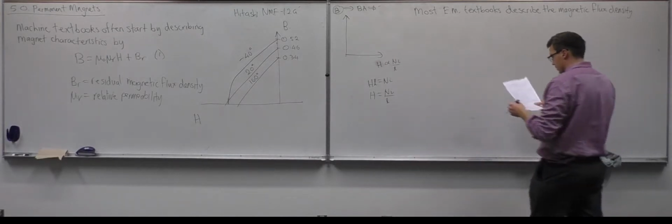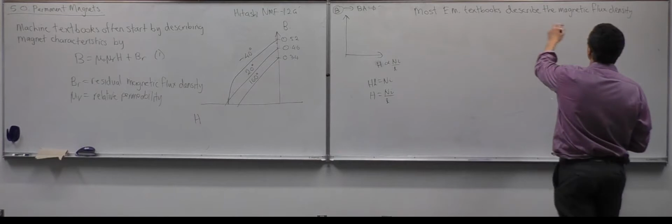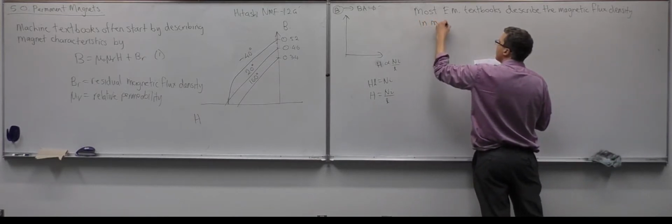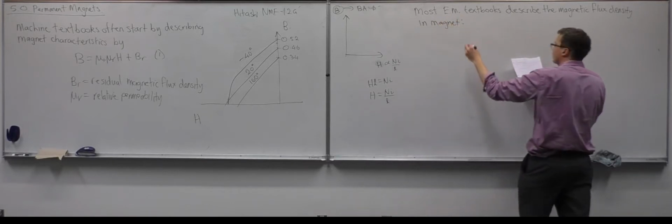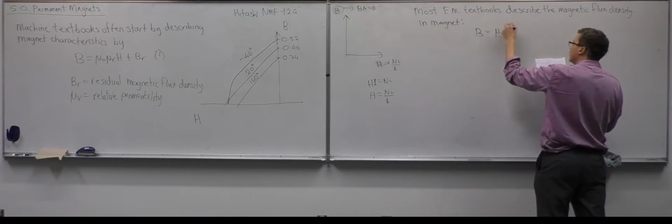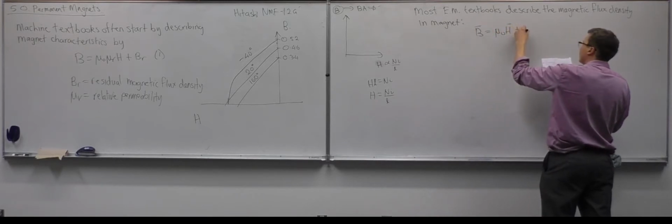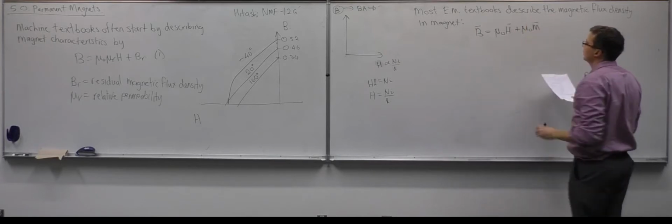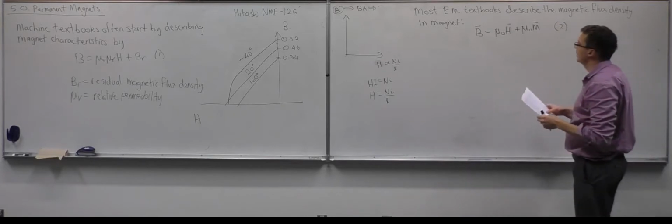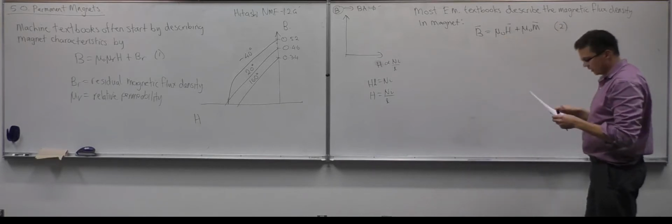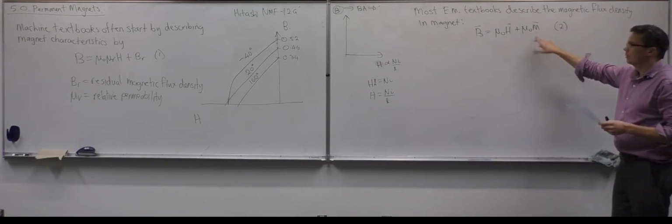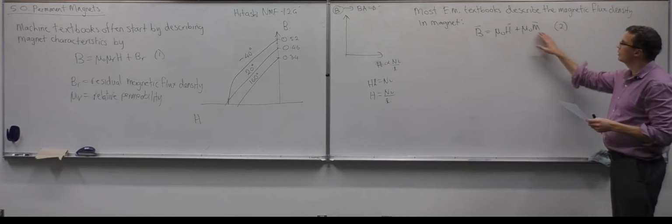They describe the magnetic flux density in a magnet like this, and these can in general be vectors, and M being a vector is what we wrote out when we were looking at the field equations.